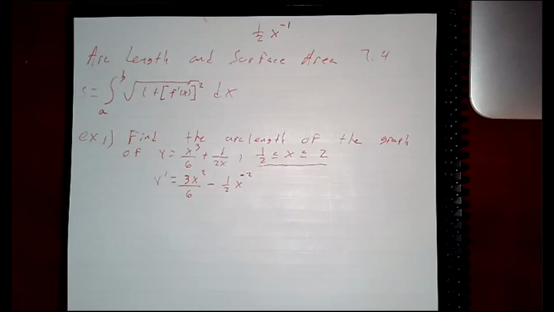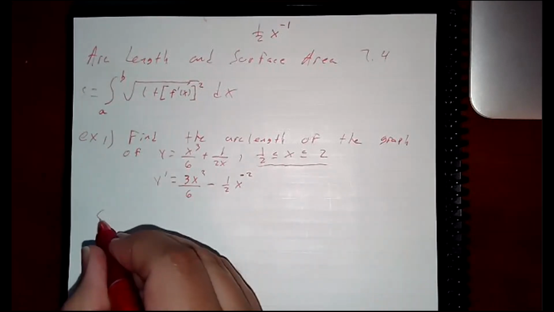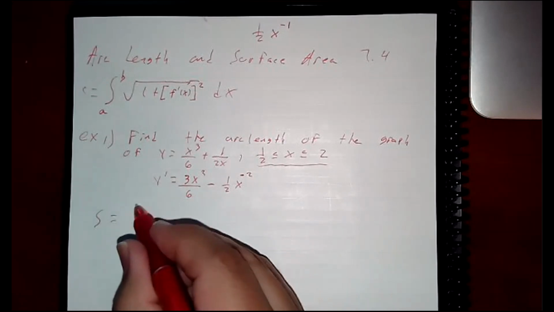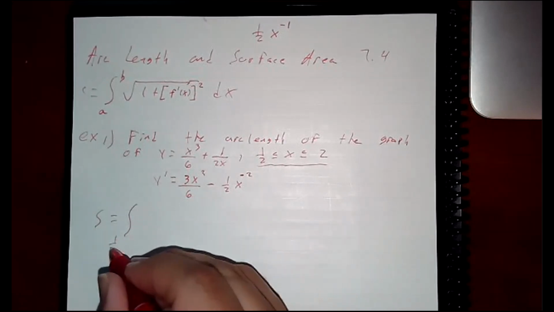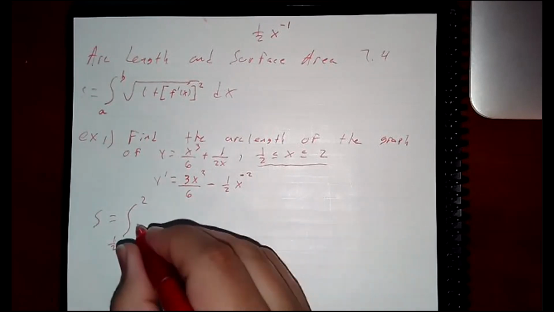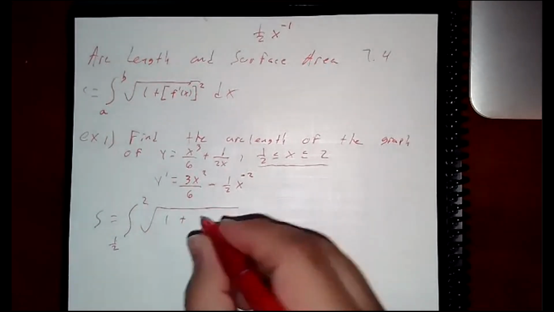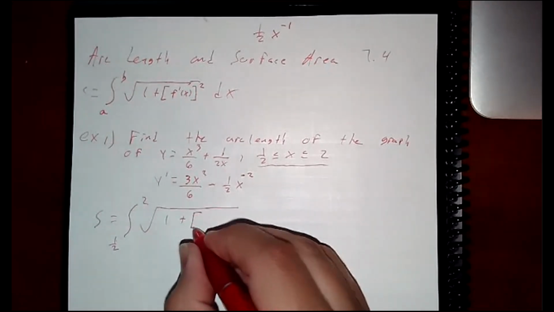Yes, sir. All right, so we have the derivative, we have the formula, and we know where we're integrating, right? So the arc length is equal to the integral from 1/2 to 2 of the square root of 1 plus the derivative squared.